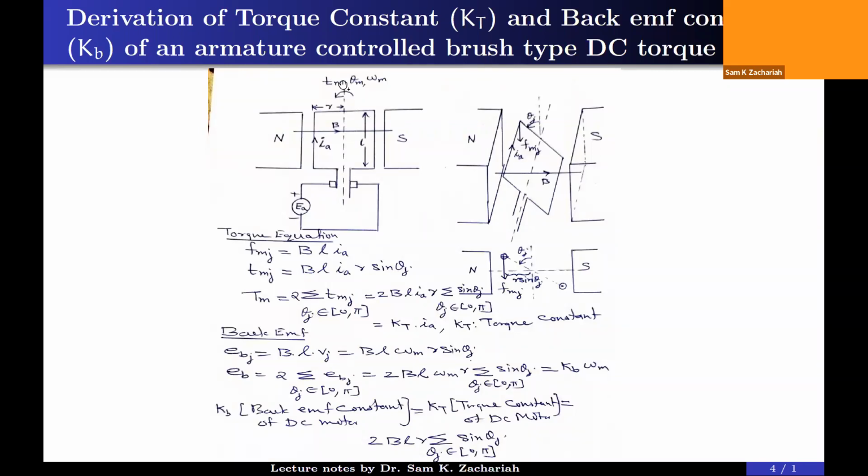But this coil is wound on a cylindrical shape. I have given a 3D view of that. This is the north pole, this is the south pole. This is one coil wound on the surface of a cylindrical rotor. And the cylindrical rotor is supported on bearings.